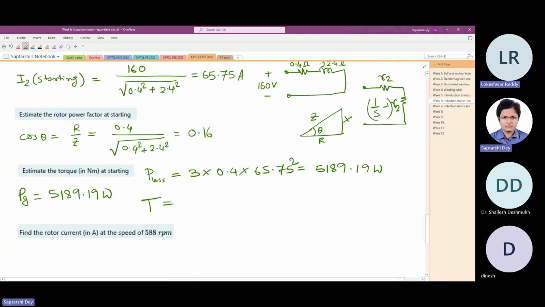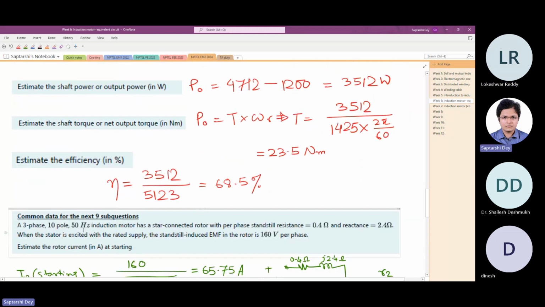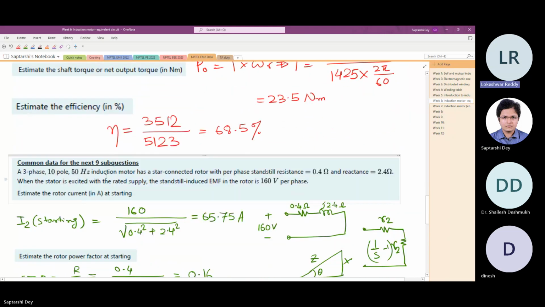Is it 4 pole? No, 10 pole. So 10 pole is, wait, I'm making mistakes. 120 F by P, 600 RPM.